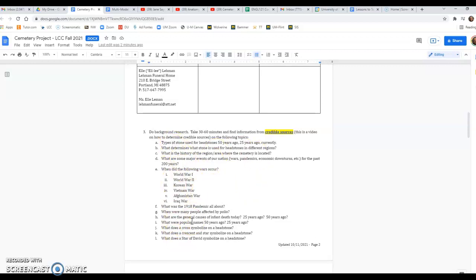Please don't make it a big deal, just 30 to 60 minutes. And the whole point is to find out when the greatest amount of death occurred in the United States and or the world. And that way, those facts can be combined with the birth date and death of the person whose headstone you're looking at.